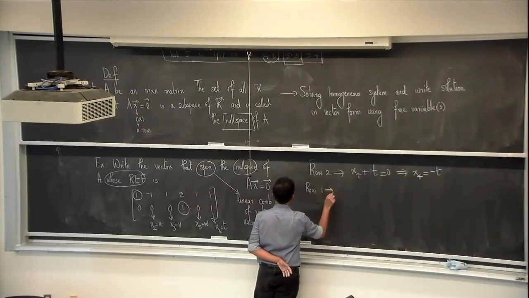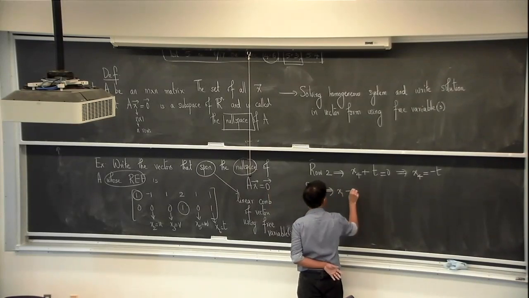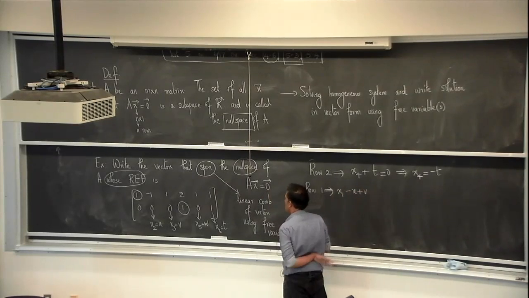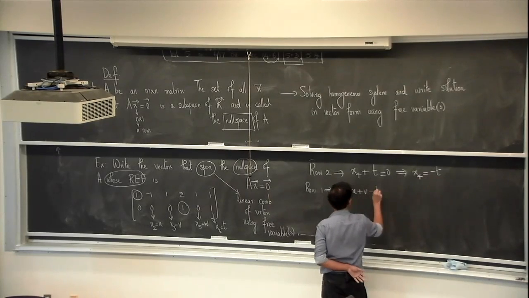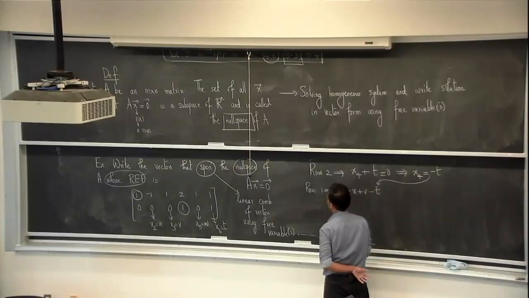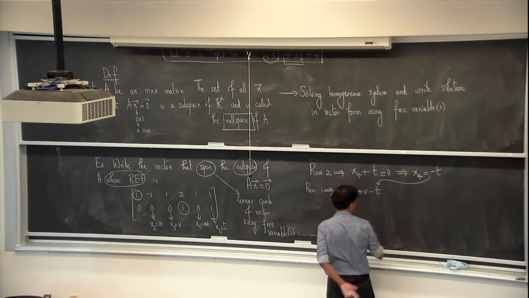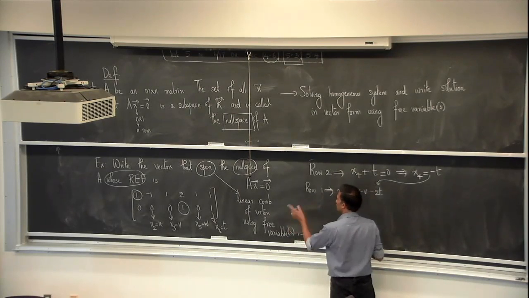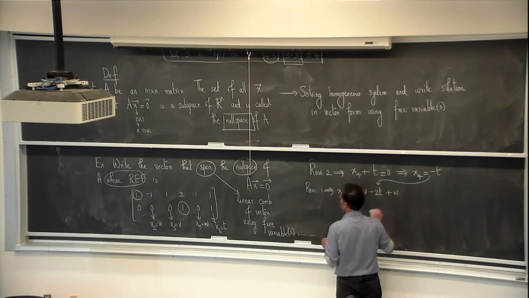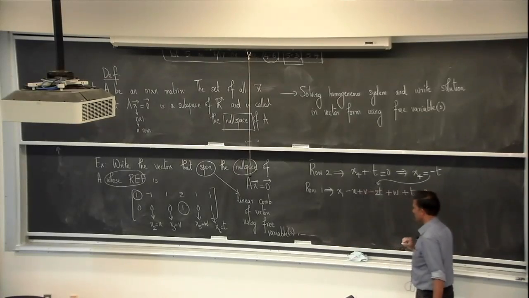Row 1: x1 minus u plus v plus x4, which is minus t, oh, minus 2t, sorry, plus w plus t, again a homogeneous system, so the right hand side is 0.